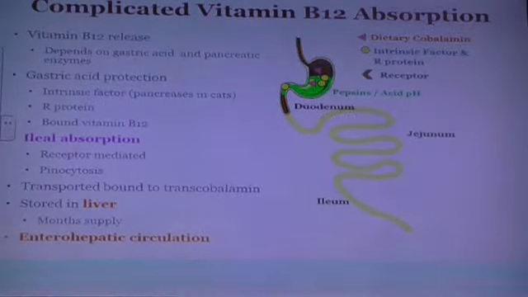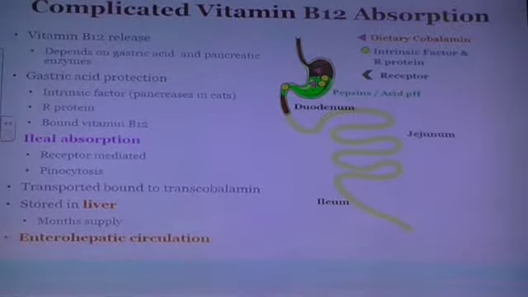It's not just gastric acid; in general, acid can destroy vitamin B12. They need something like protein or intrinsic factor bound to vitamin B12 to protect it. Then from the stomach, it can be carried to the ileum of the intestine, where it can be absorbed.